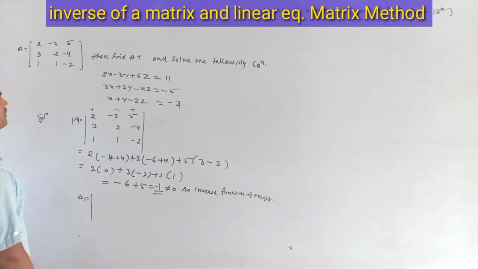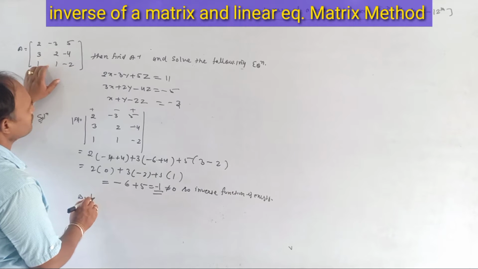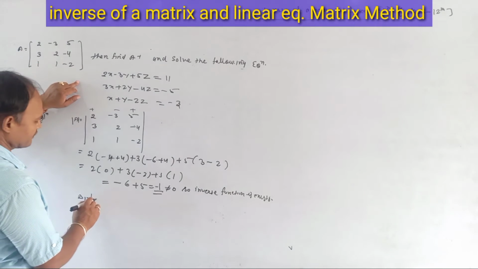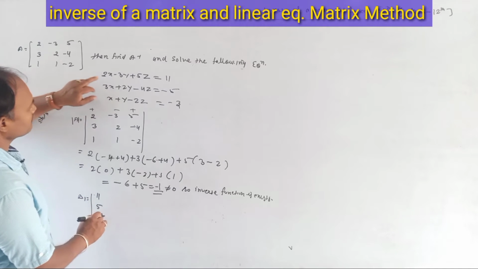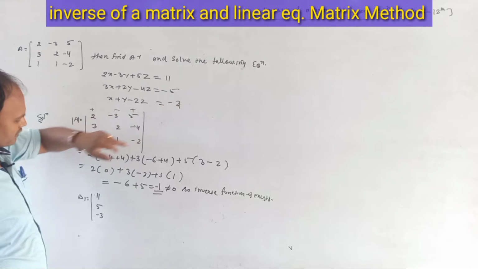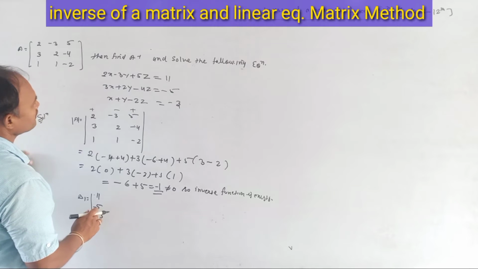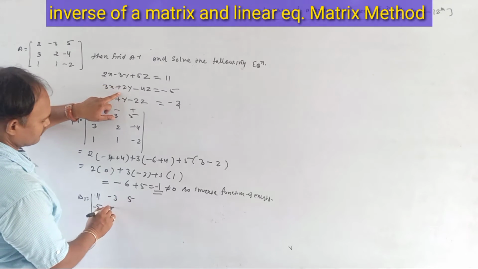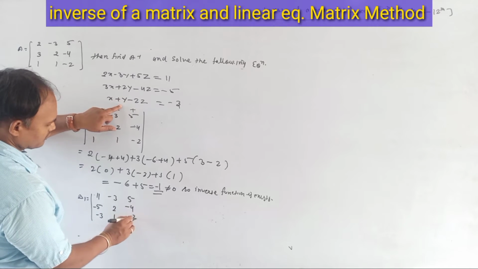Now delta 1. So what is delta 1? Delta 1 is the determinant with rows 11, minus 5, minus 3; the column of constants replacing the first column, and the remaining columns minus 3, 5; 2, minus 4; 1, minus 2.